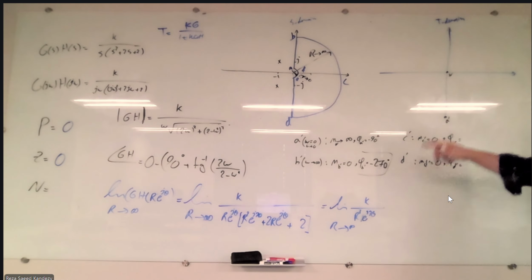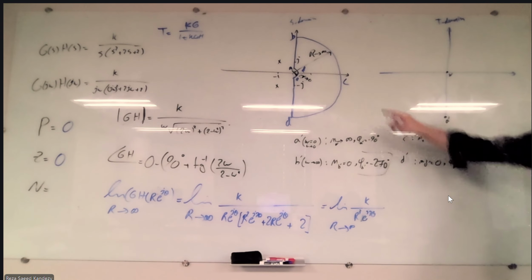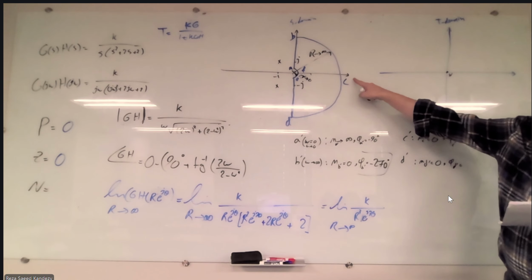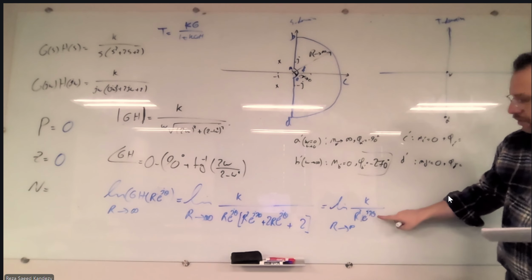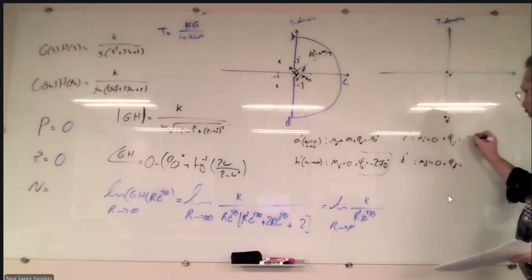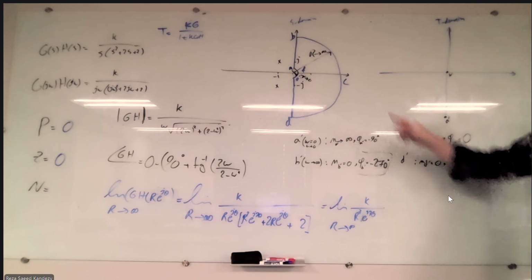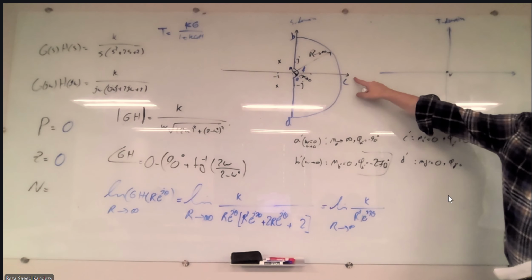For C, we know the amplitude. The phase of C is 0. Are we good? So this is also going to be 0, and 0 minus 0 is 0. Any question? The theta of C is 0.